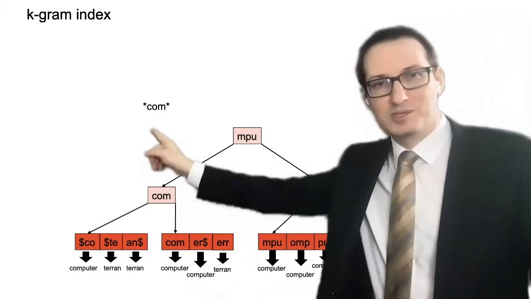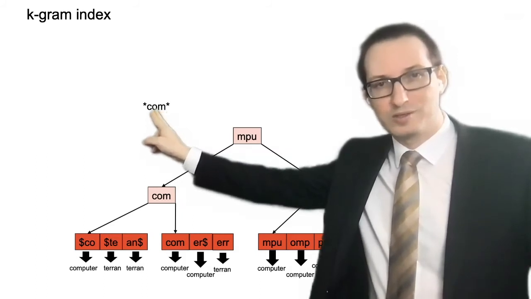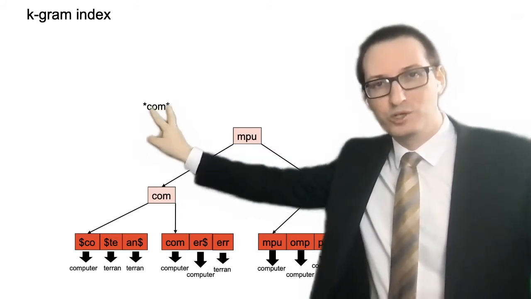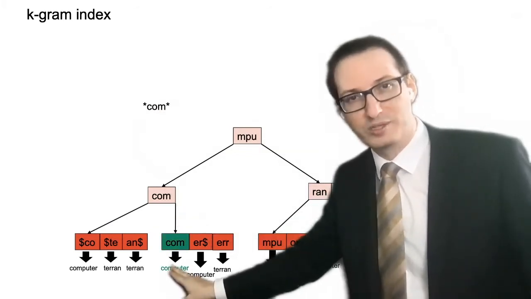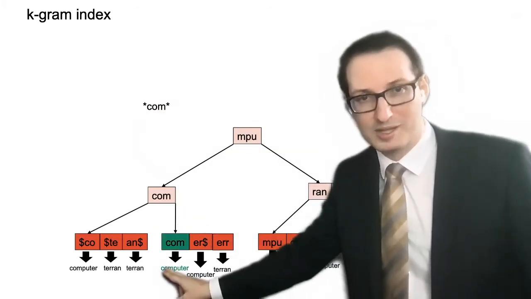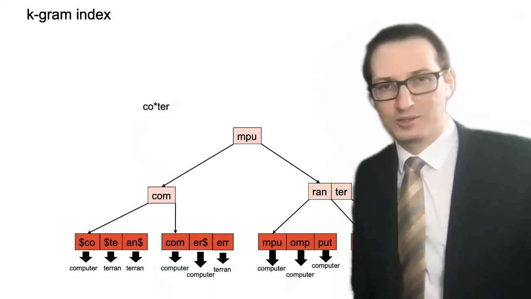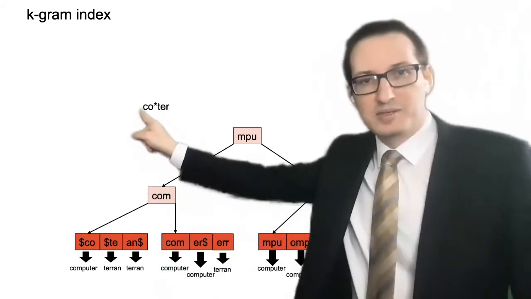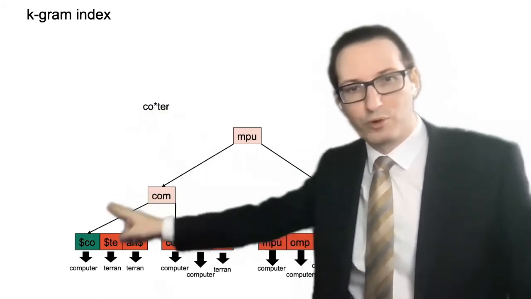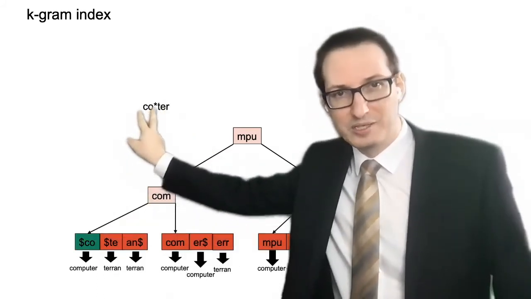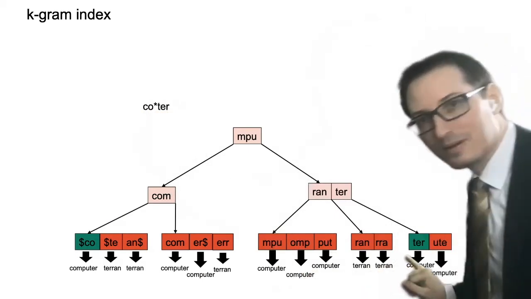And now what happens is that if we want to query for a wildcard, we just look for COM here, and then we know there's computer. Maybe there are other words that contain COM, right? So this is the k-gram index. For CO star TER, we just look for $CO, and TER, right there.